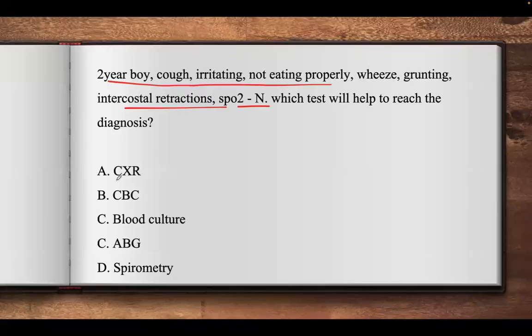If this question comes to you, I don't know if the full question comes to you and what you get from the whole question, but all of the options here are not required, Dr. Waleed. Bronchiolitis, according to RCH, we don't require any investigation. I can show you the reference in a while. But from all other answers here, chest X-ray was a bit reasonable because at least it can give you some differentials about pneumonia.